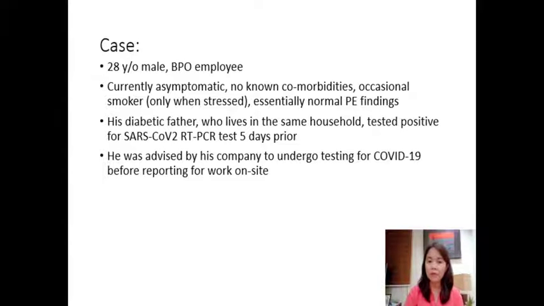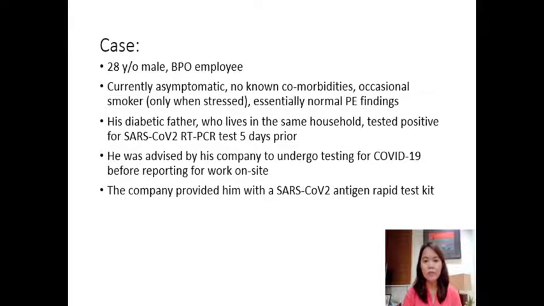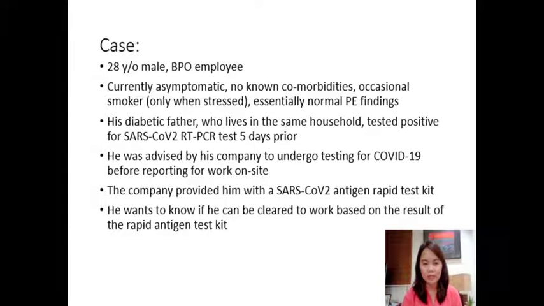So he was advised by his company to undergo testing for COVID-19 before reporting for work on site. The company provided him with a SARS-CoV-2 antigen rapid test kit. Now he wants to know if he can be cleared to go back to work based on the result of the rapid antigen test kit.